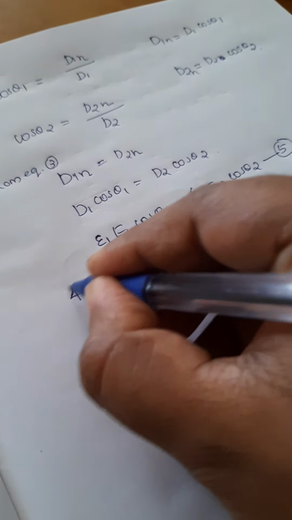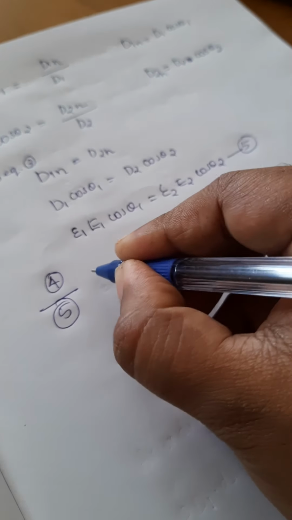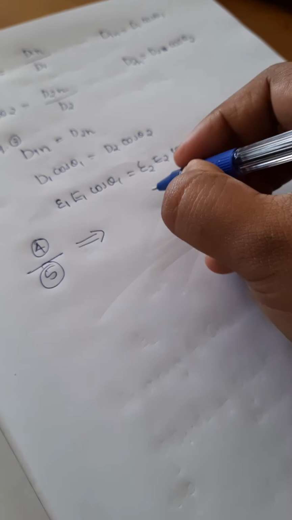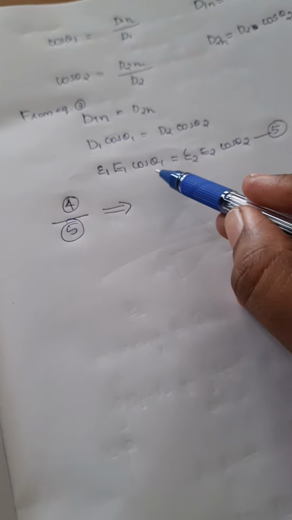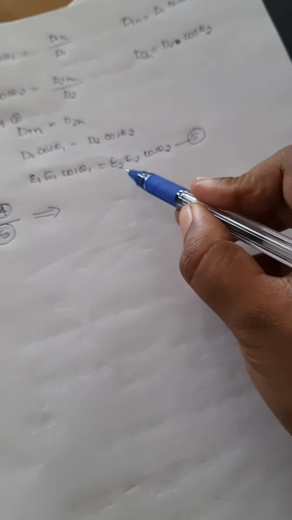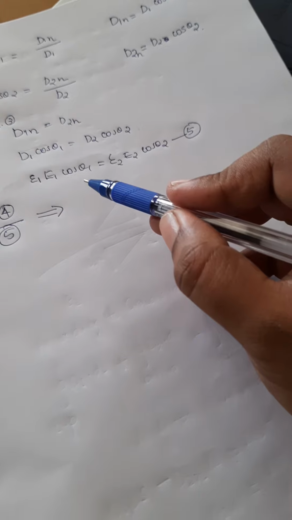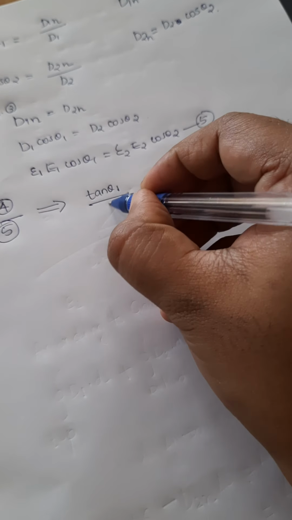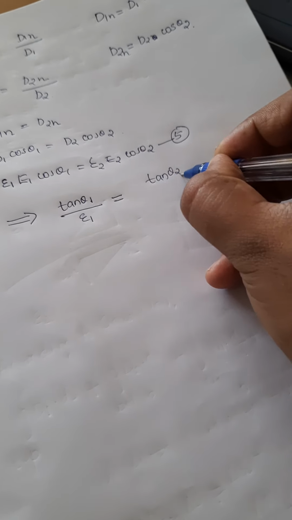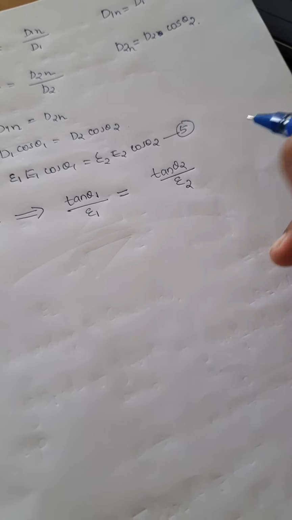Now if we divide equation 4 by equation 5, what do we get? Equation 4 is E1 sin theta 1 equal to E2 sin theta 2, and equation 5 is epsilon 1 E1 cos theta 1 equal to epsilon 2 E2 cos theta 2. Now equation 4 by equation 5, we will get tan theta 1 by epsilon 1 is equal to tan theta 2 by epsilon 2.